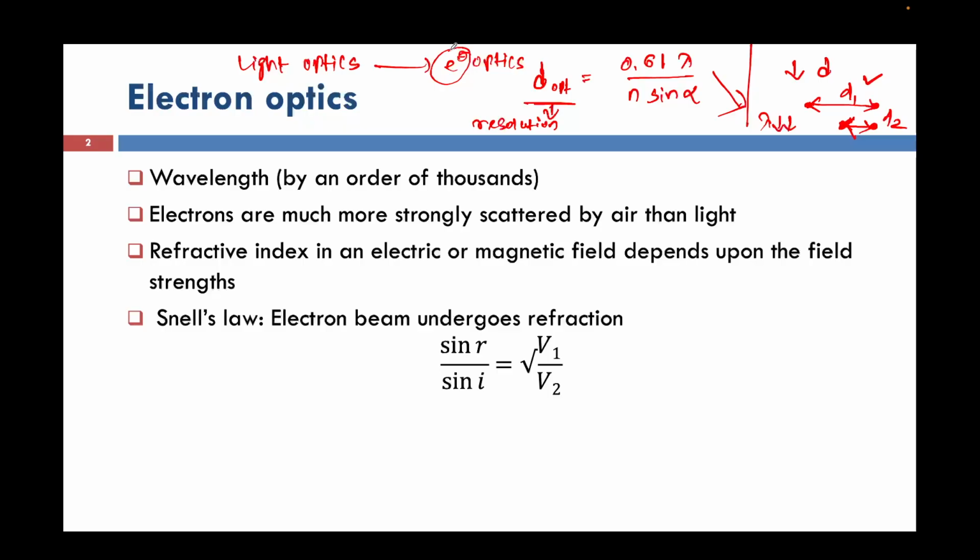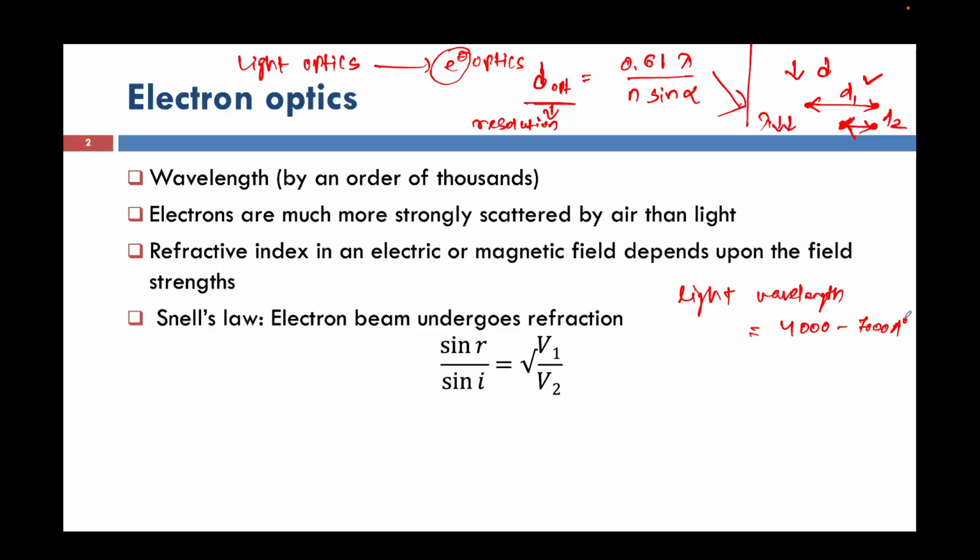To get an idea of how the wavelength of light compares with the wavelength of the electron: the wavelength of light is in the order of 4000 to 7000 angstrom, that is 400 to 700 nanometer.